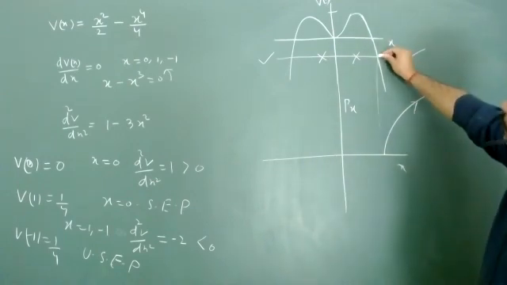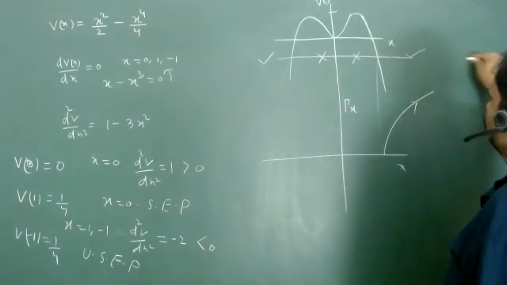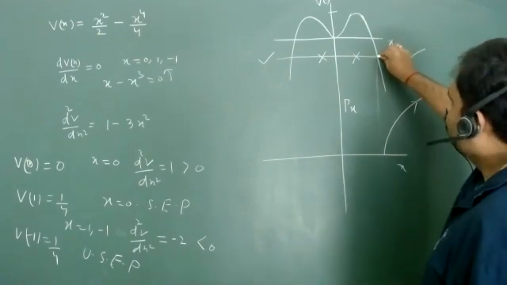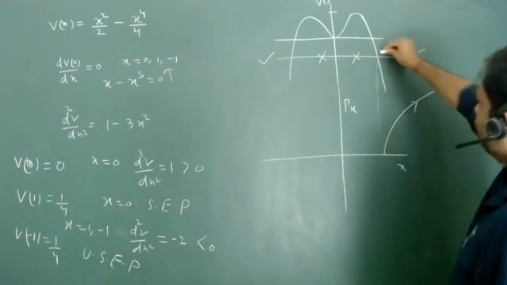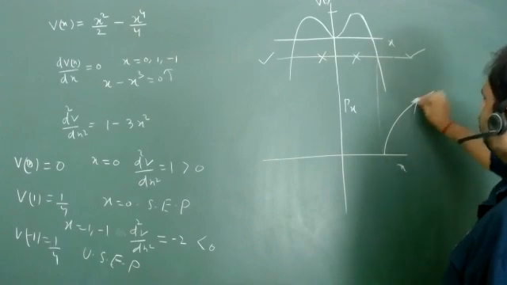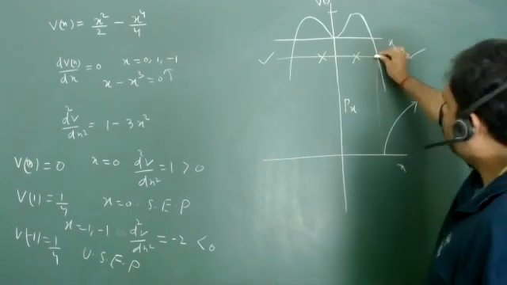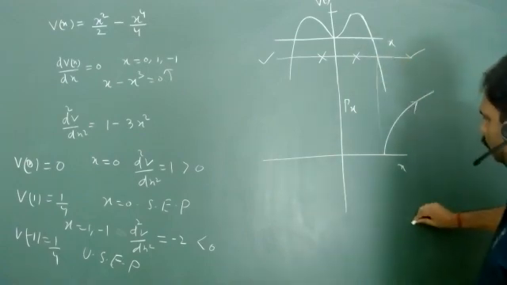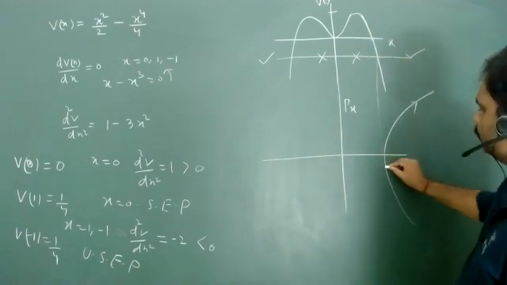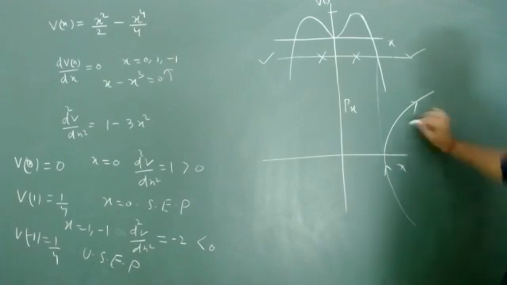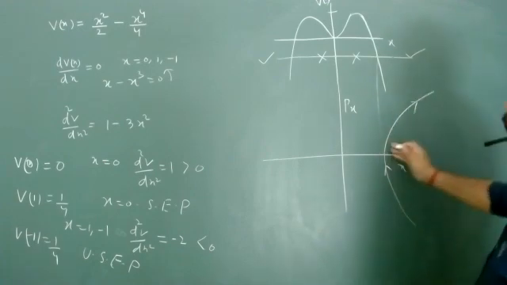If I am receding from here, the potential energy is decreasing, so kinetic energy is increased, so momentum is increasing. If you approach here, then you will have something like this. So this is receding and this is approaching.